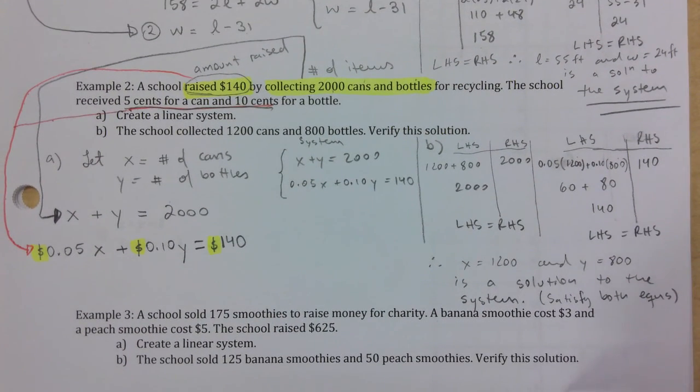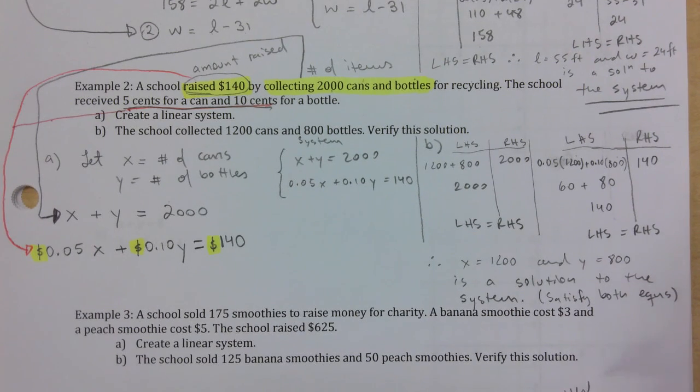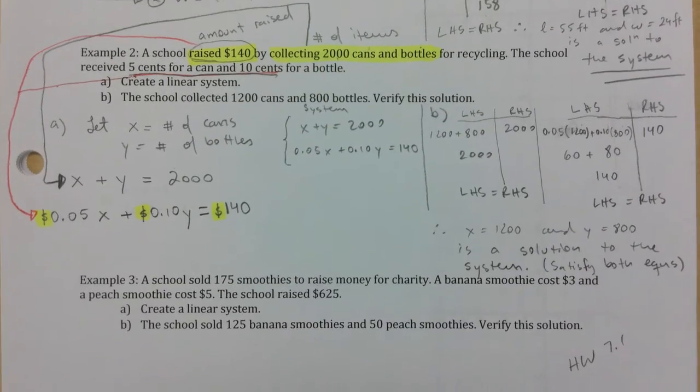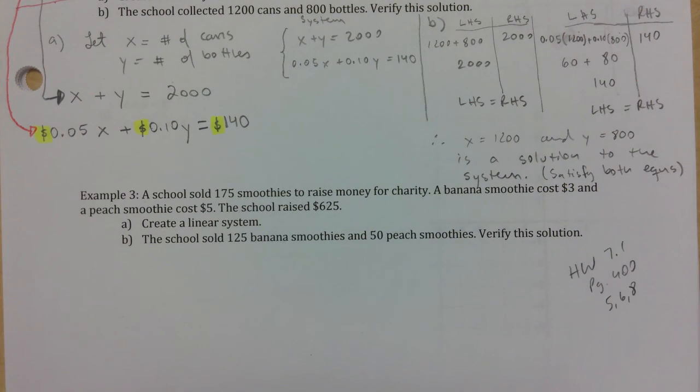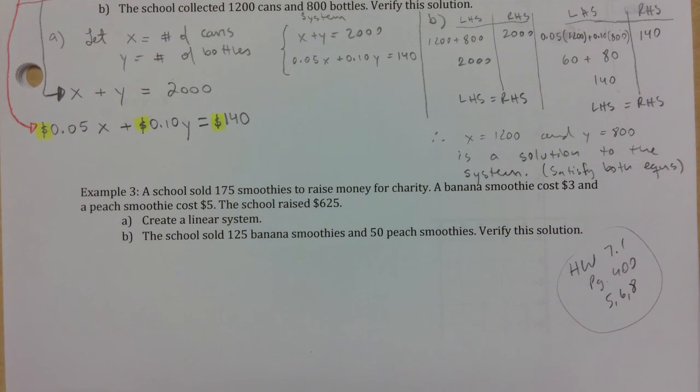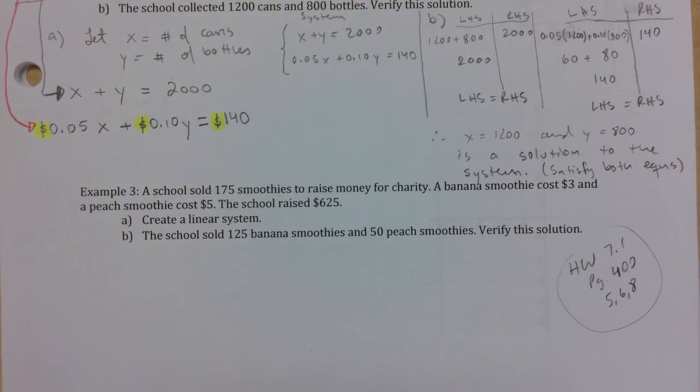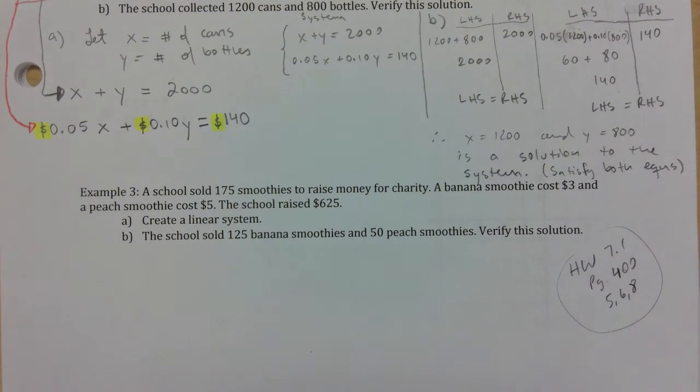The homework for this part, homework for 7.1. Let me just pause this here. We'll get page 405, questions 6 and 8, just for 7.1, for this type of scenario where you model that.